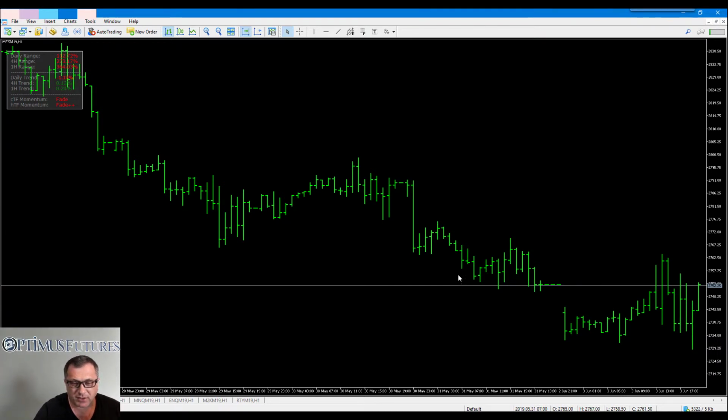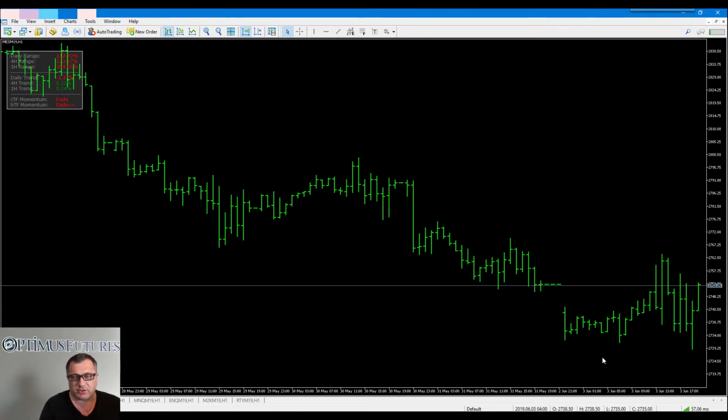For example, it's been going all the way down, and here you have a kind of saucer, and then it goes up. This could happen really fast, or it could happen really slowly. And this is what this indicator is trying to measure: how fast there is a trend or there isn't a trend.